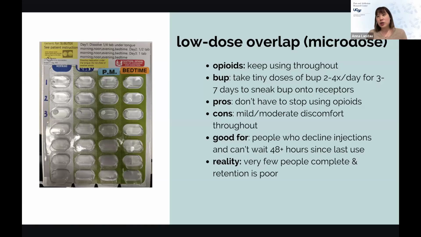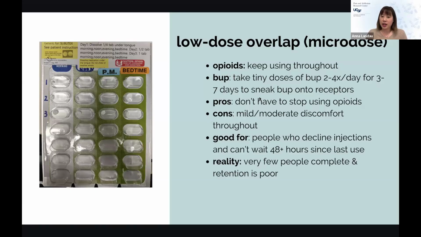So I describe it as having a mild cold throughout the entire 7 days, but it is much more tolerable and less severe than having to go through severe withdrawal or precipitated withdrawal. And for people who don't like injections or can't wait 48 hours for that severe withdrawal to kick in, this is a really good option.